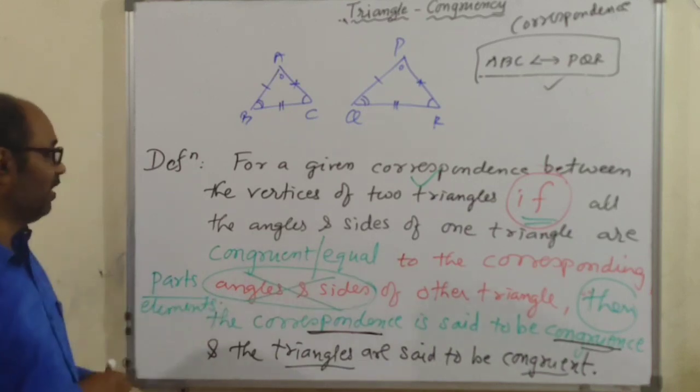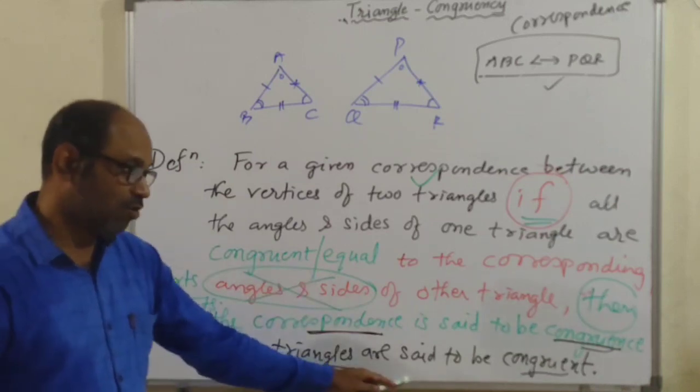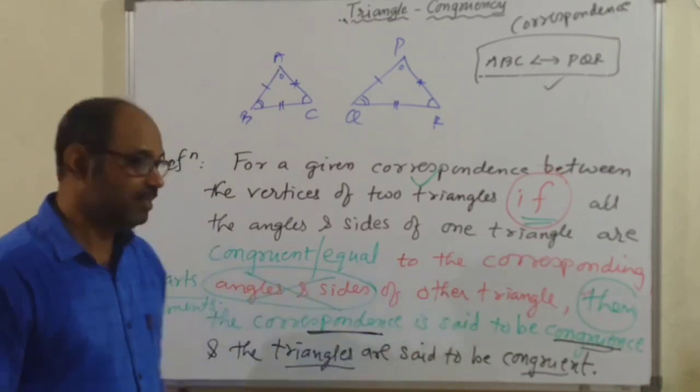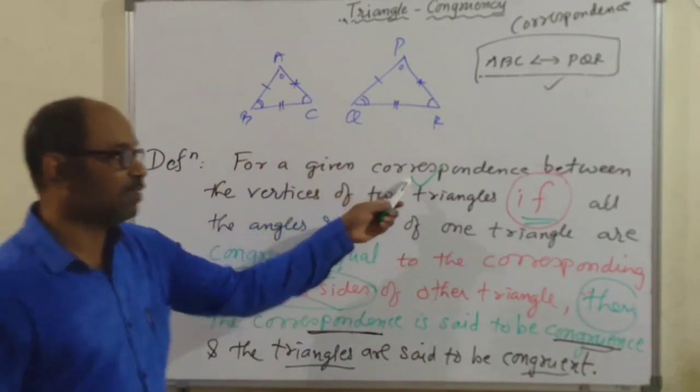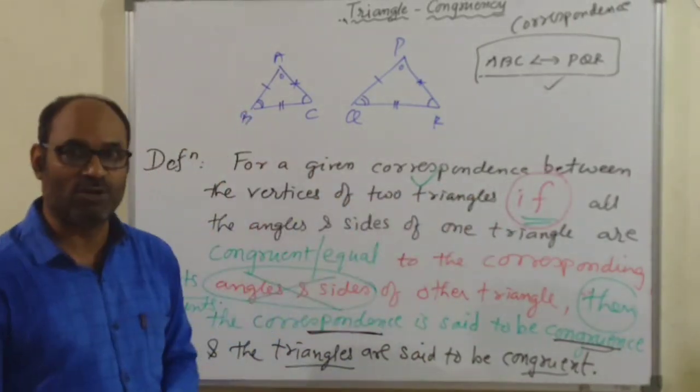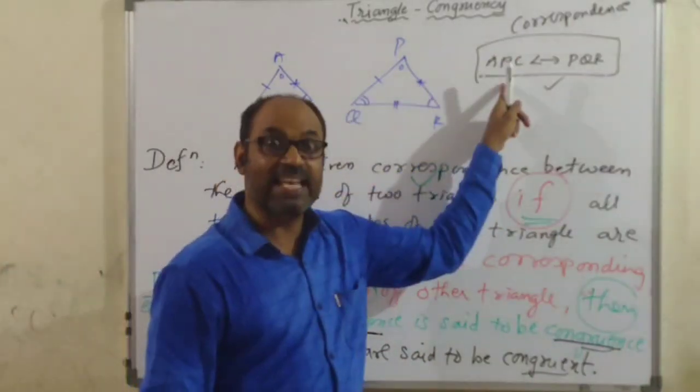Now I'll read the statement. This is the definition of congruent triangles. Congruence. For a given correspondence between the vertices of two triangles, out of 6, any one.